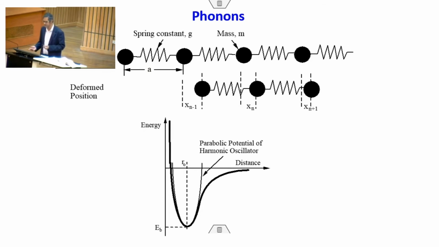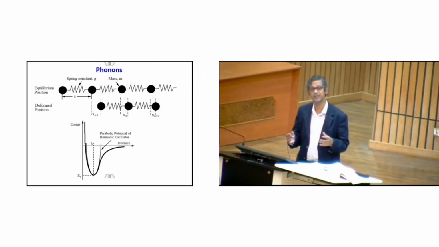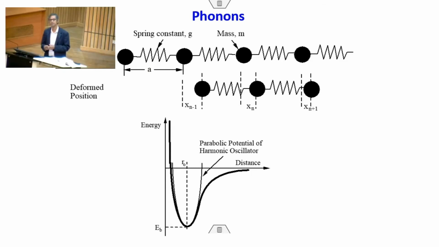Now in terms of the energy concept, in terms of potential energy, this can also be explained in the following manner. How can we explain that? Well, if I have two atoms sitting side by side, their energetic balance depends on the attractive force and repulsive force between them. The attractive force is the attraction between the electron cloud and the positive nucleus of the material.